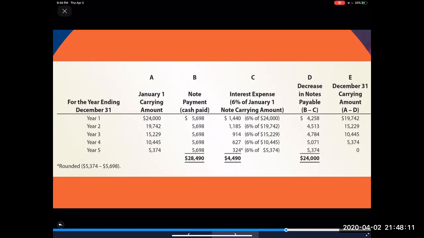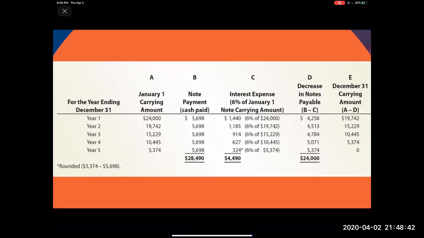What you should see is that over the years, your carrying amounts start to decrease, in column E. That's very important, because when you're paying down your loan, the more you pay toward your principal, the less interest you will accrue. That's why in year number 5, your carrying amount is $5,000 and you pay the least amount of interest.